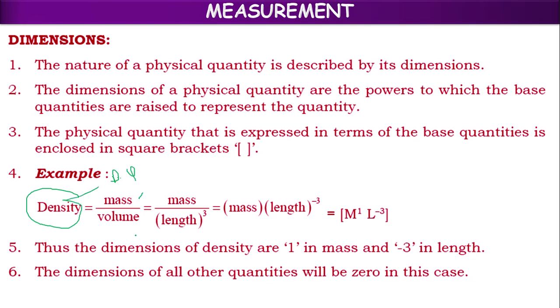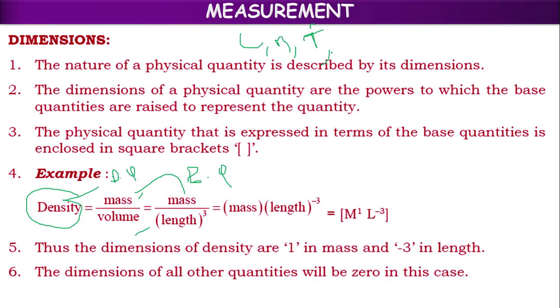It depends on mass and volume. Mass is a base quantity, but volume is not a base quantity, because the base quantities are length, mass, time, these three only. In the SI system there are some more, like luminous intensity and absolute temperature.